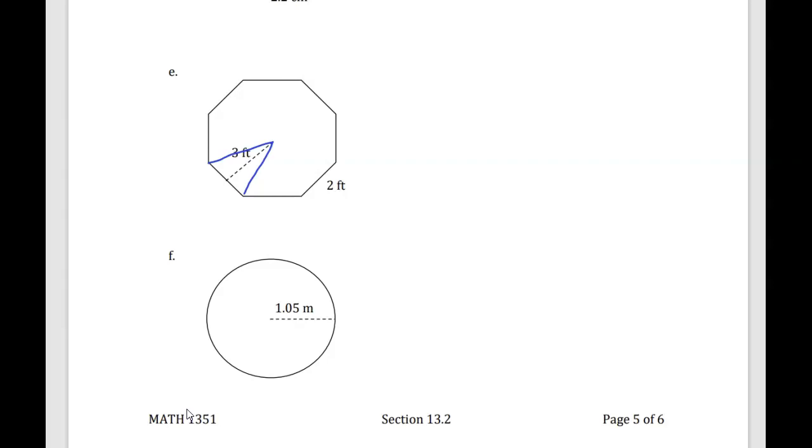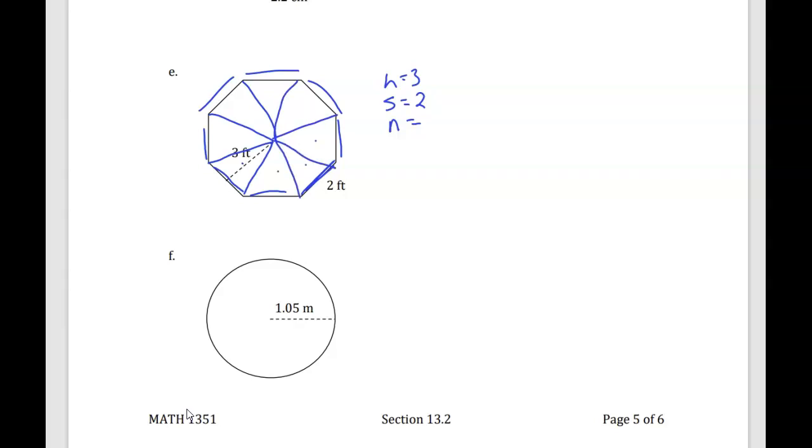And my height for this one is going to be 3. My side is going to be 2 right here. Now my n is going to be 1, 2, 3, 4, 5, 6, 7, and 8, because if I were to draw the number of triangles, if I could draw straight lines, I have 1, 2, 3, 4, 5, 6, 7, 8 triangles.